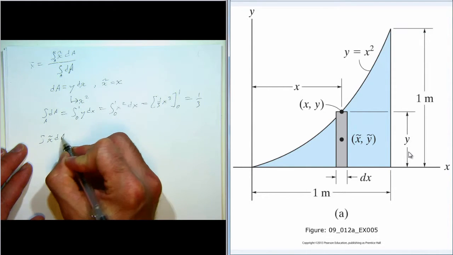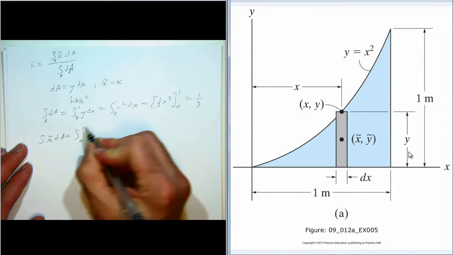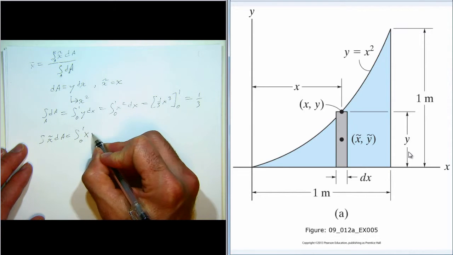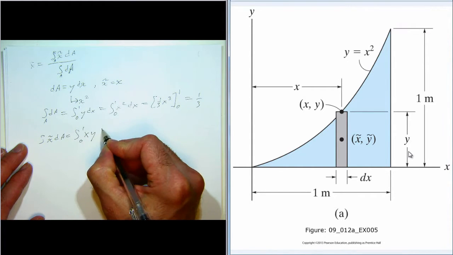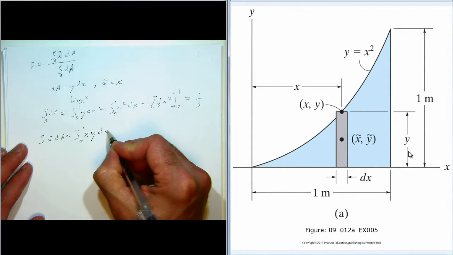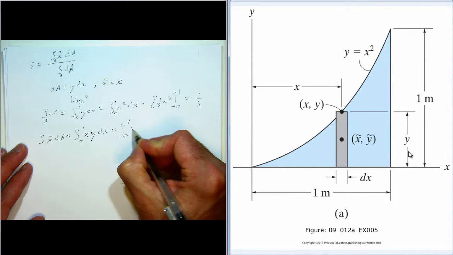And then the integral of x tilde dA is 0 to 1 x times dA, which is y dx.